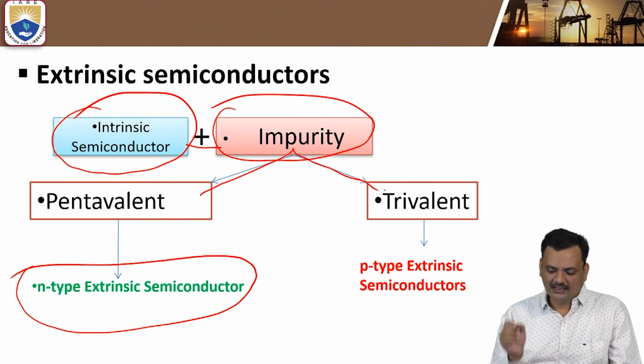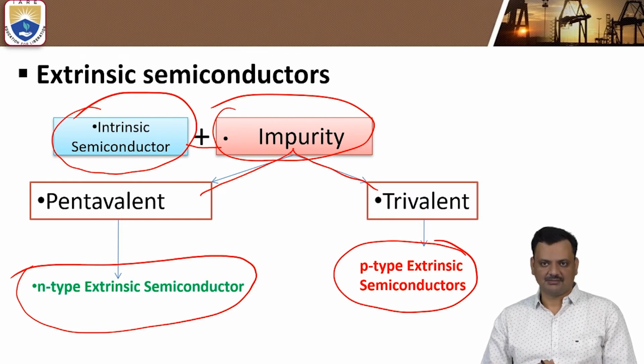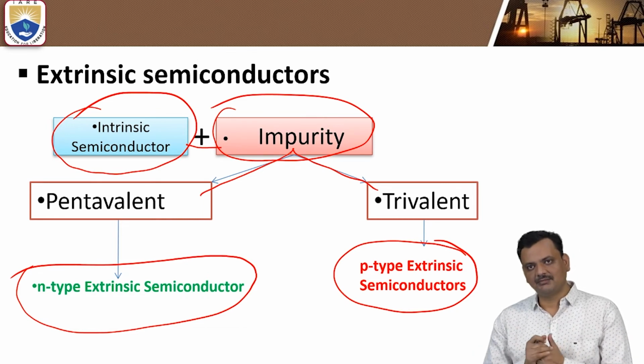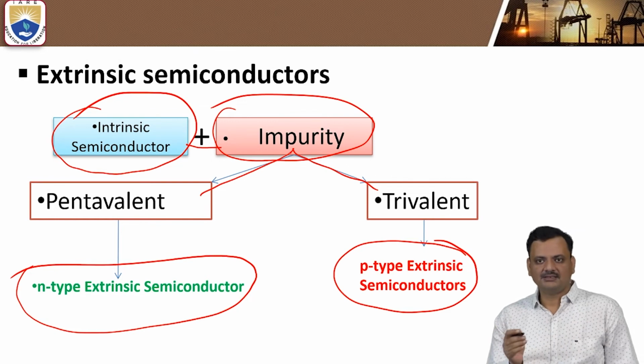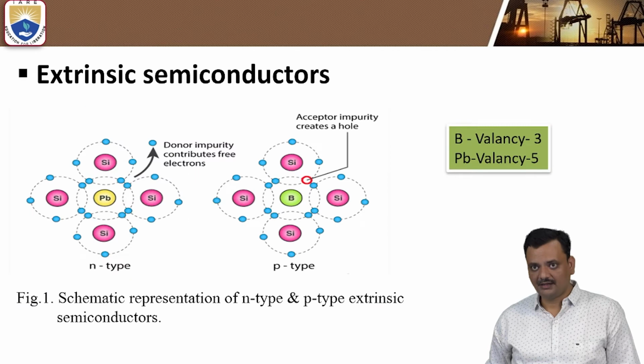If we add a trivalent impurity, then it will become a P-type extrinsic semiconductor. N-type and P-type. Now, extrinsic semiconductors are classified into two classes, N-type extrinsic semiconductor and P-type extrinsic semiconductor.